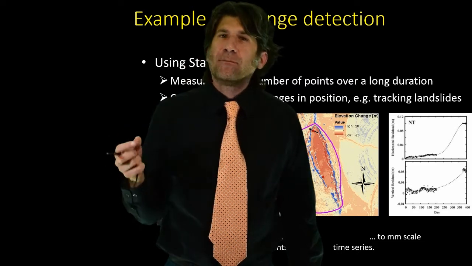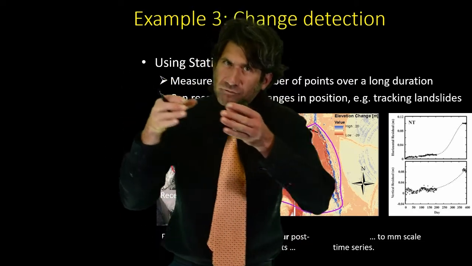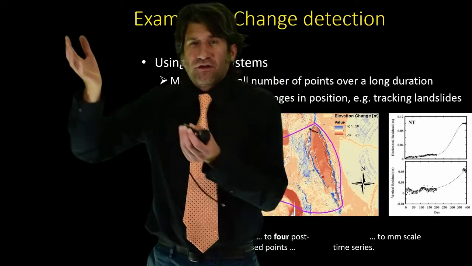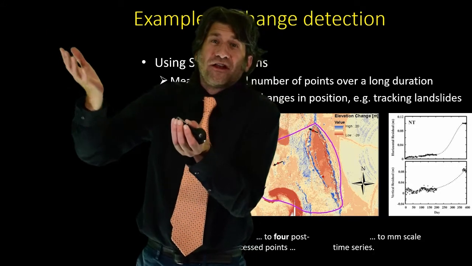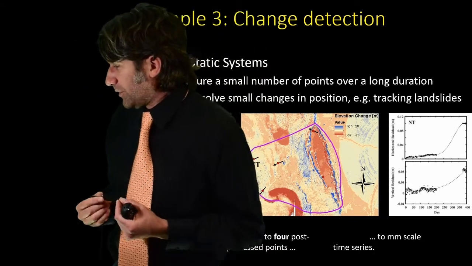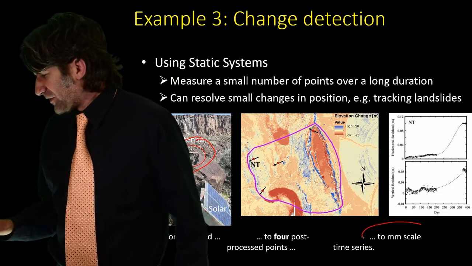Then you can come back a year later, make the same set of measurements again, and see if that block has moved. And so that might be something we could use to tell us if there's a slow-moving landslide and maybe it's speeding up and something we should be concerned about. So this would be used for essentially change detection at the millimeter scale.